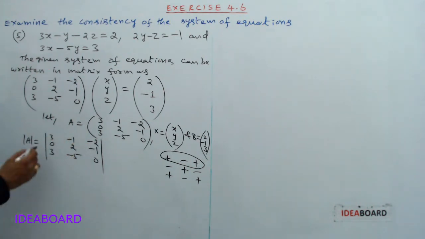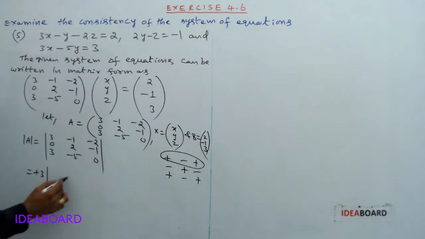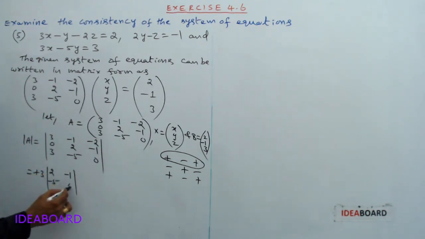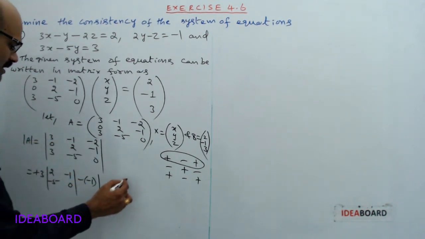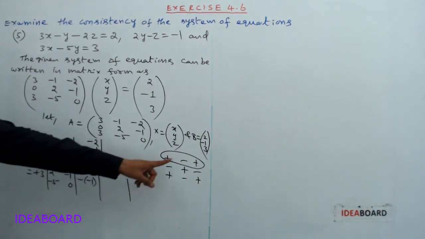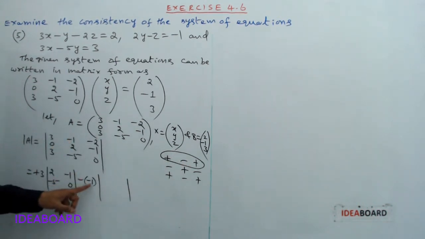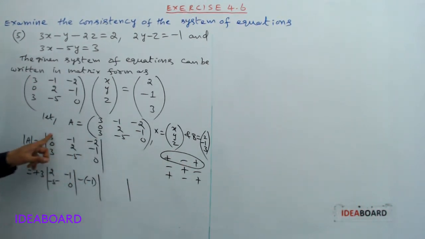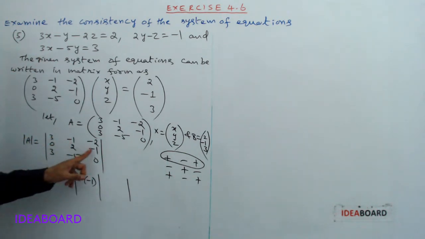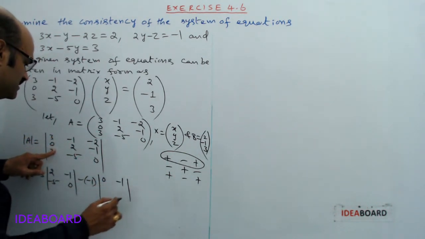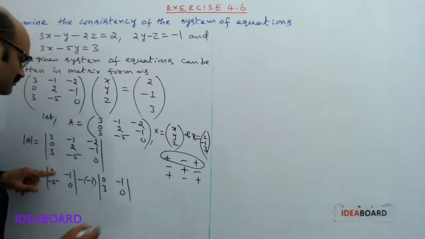So here we have to take plus 3 into determinant of 2, minus 1, minus 5, 0, minus of minus 1 into determinant of, minus 1 lies in first row and second column. So we have to take the 4 elements 0, minus 1, 3, 0.